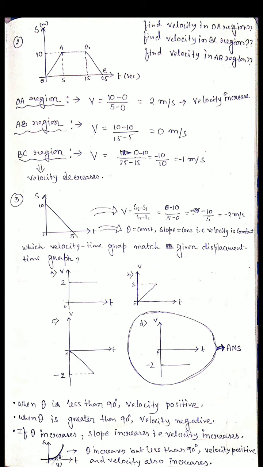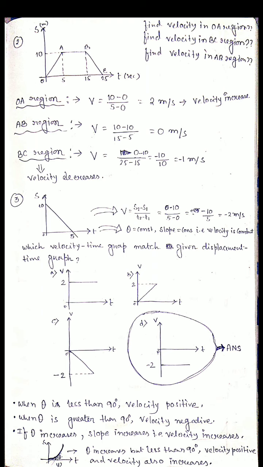That means from this value we can understand the velocity decreases. Negative value, velocity decreases. Negative value is given, so the velocity decreases in the negative direction. But if you plot the slope theta, you see that theta is constant at every point on this graph.